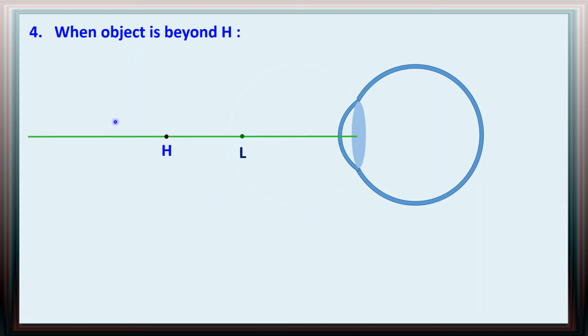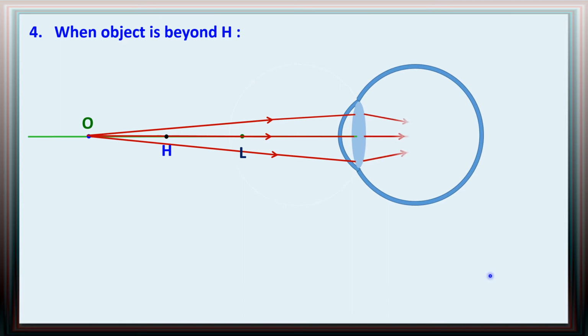Now I am going to place the point object somewhere here beyond H. O is the point object. So definitely its image will be formed again on the retina only. From H to infinity, he can see things clearly. Okay, so the refracted rays will form the image on the retina, isn't it? So the image is on the retina.